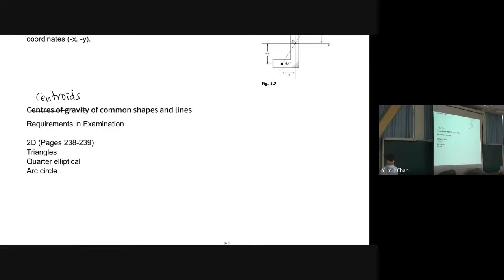So these are the requirements in the examination. All of this can be found on the second last page of your textbook here. Okay, it should be on the second last page of your textbook.